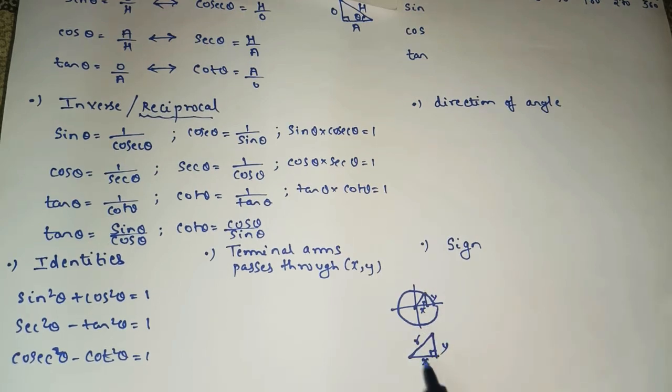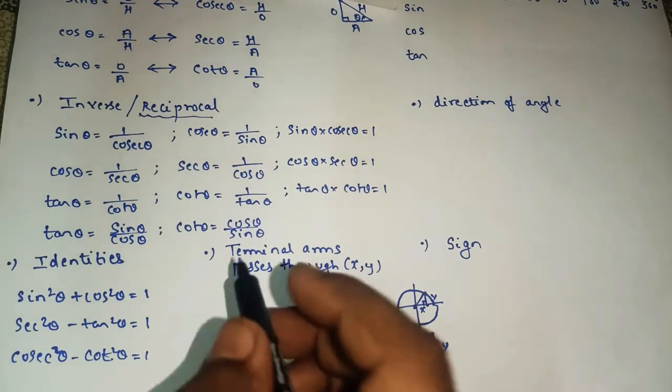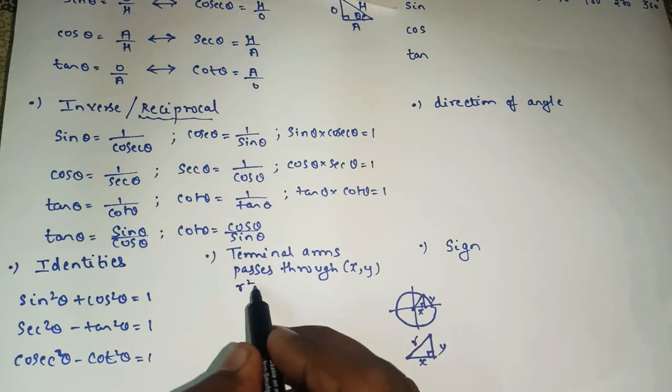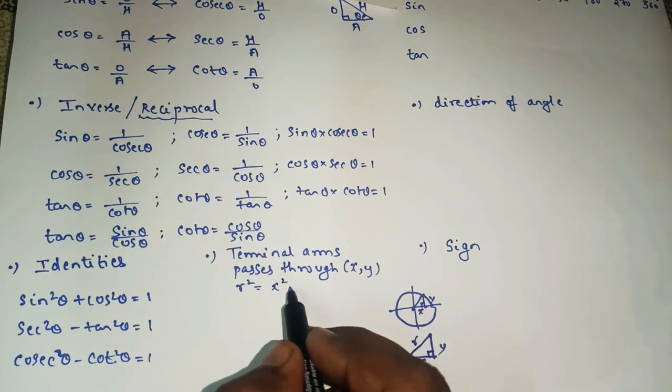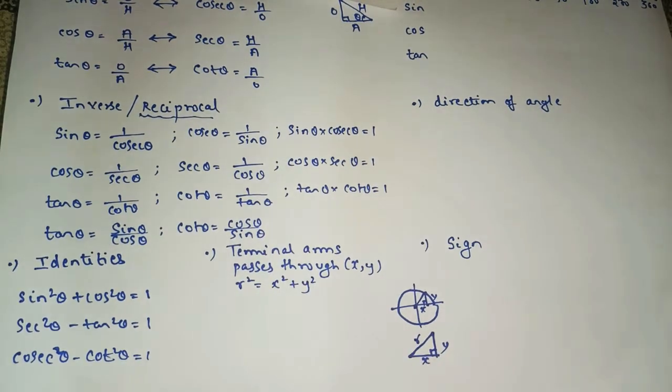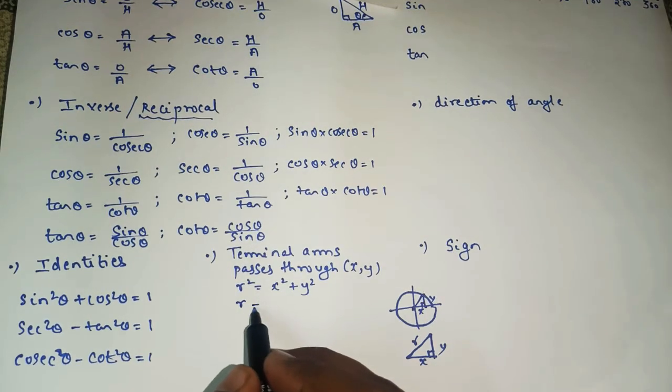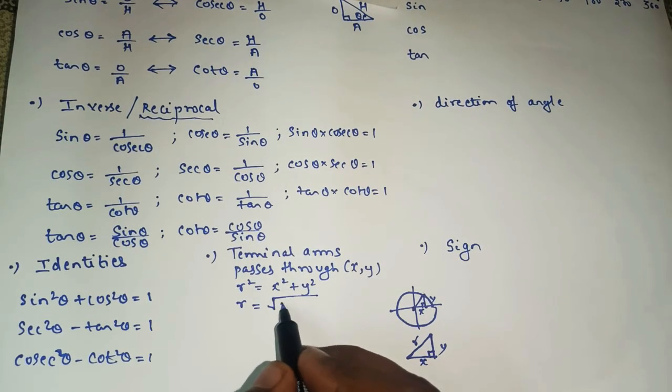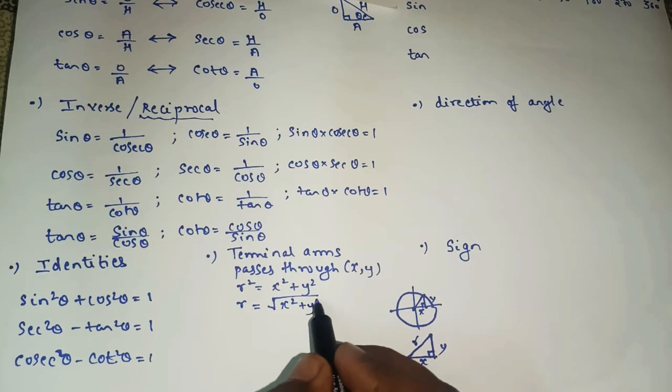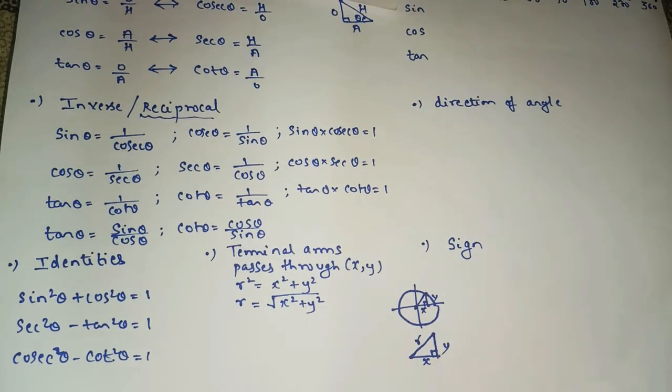As here we got a right angle triangle, when you apply the Pythagoras formula you will get one formula: r square equals x square plus y square. Taking square root, r will be equal to the square root of x square plus y square. So here we got one formula to find the value of r.